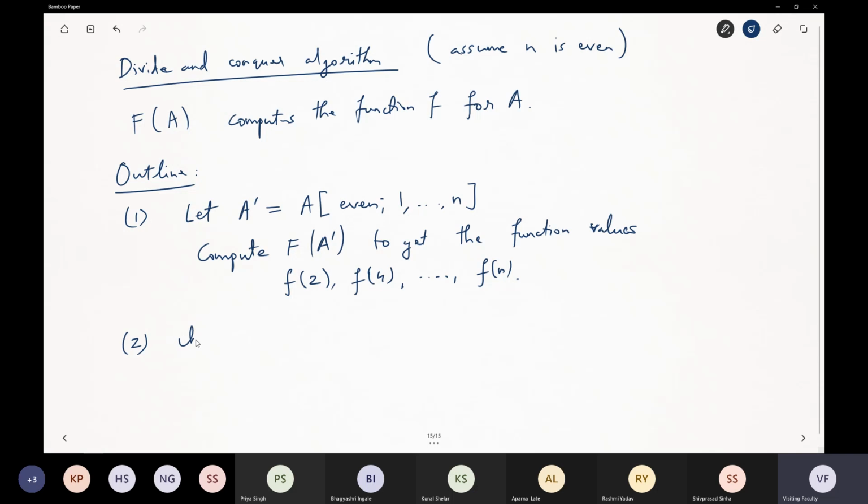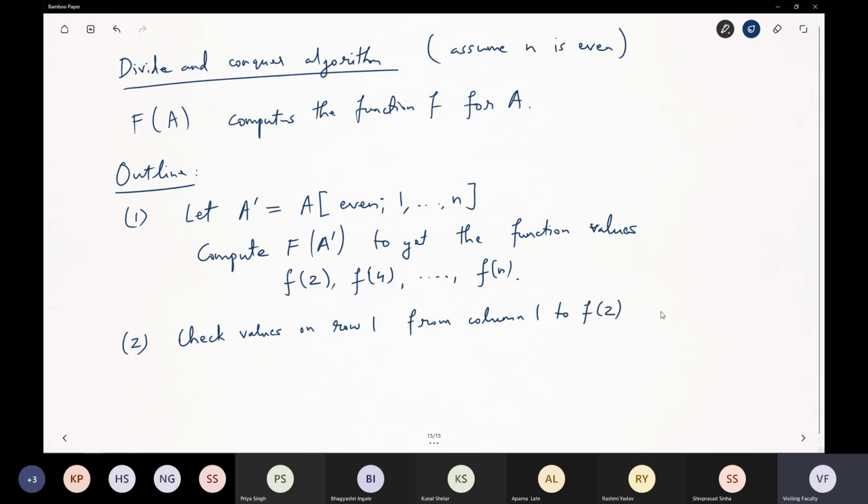So check values on row 1 from column 1 to f of 2.